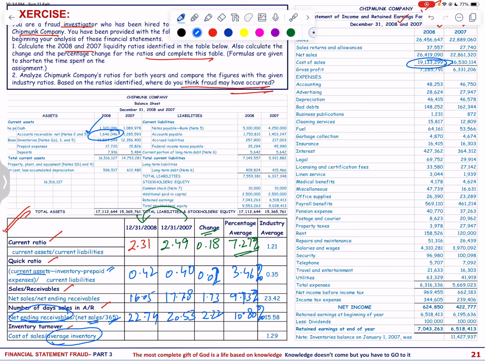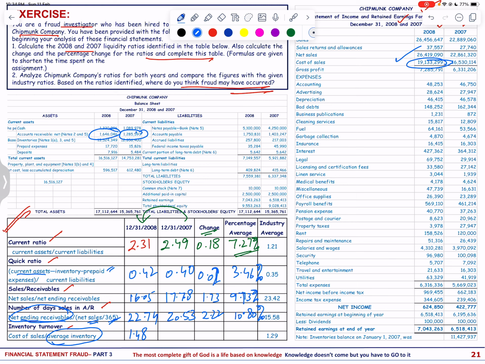So for the average inventory for 2008, we have the ending inventory for 2008, and the ending inventory of 2007 is the beginning inventory for 2008. So we will add up the two and divide by 2 to get the average. So cost of sales divided by average inventory for 2008 is 1.48.